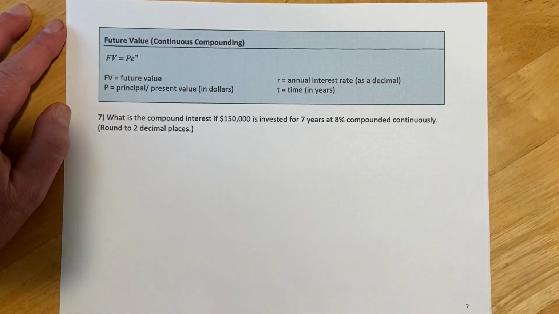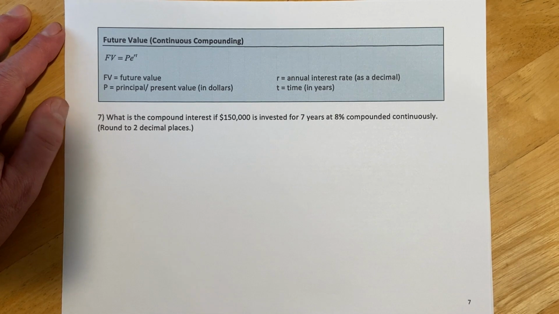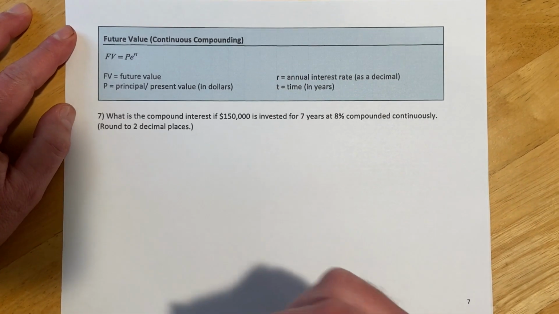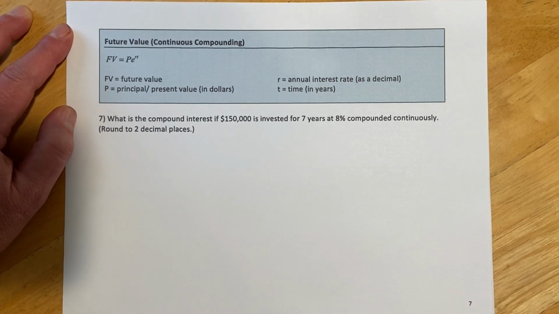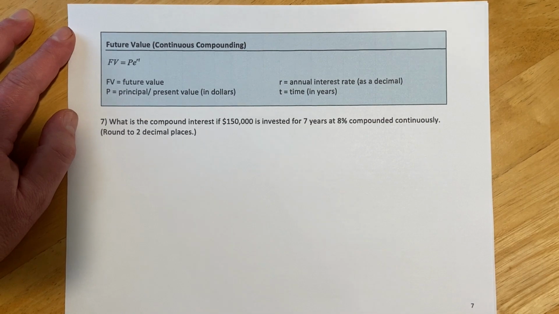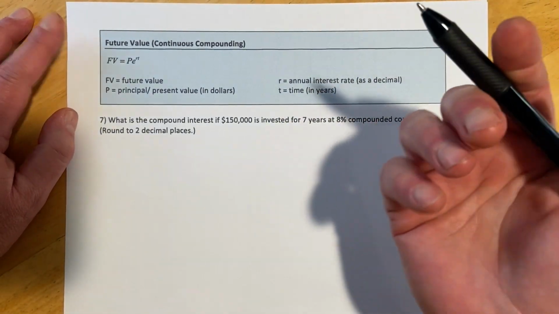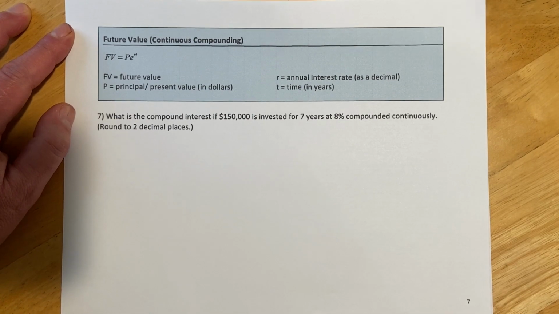So we've seen simple interest and different numbers of compounding periods. With simple interest, say you make a deposit of $100 and you get 5%. At the end of the year, you're going to get $5 in interest. With simple interest, you take that $5 out and you don't get interest on that money.